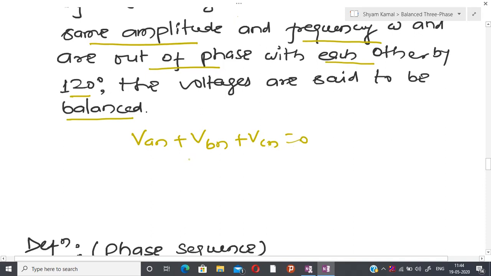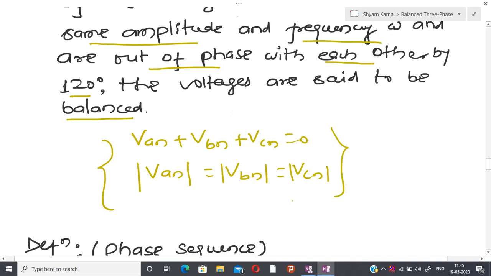That is not difficult to see from the figure, because whichever way we represent the voltages AN, BN and CN, it is possible to show this. And it is also possible to show that the magnitudes are equal. So that is the meaning of the balanced phase voltages.